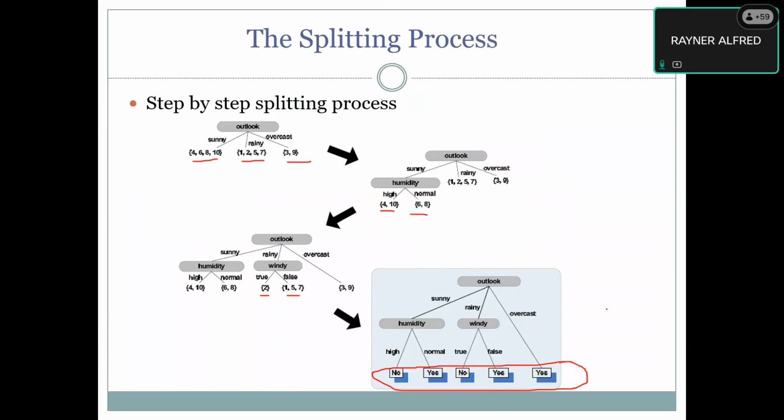So we normally stop when all the members in this particular partition belong to one class only. Or maybe we can say that the depth is only two, depth of 2, or all the members belong to the same class. Okay.